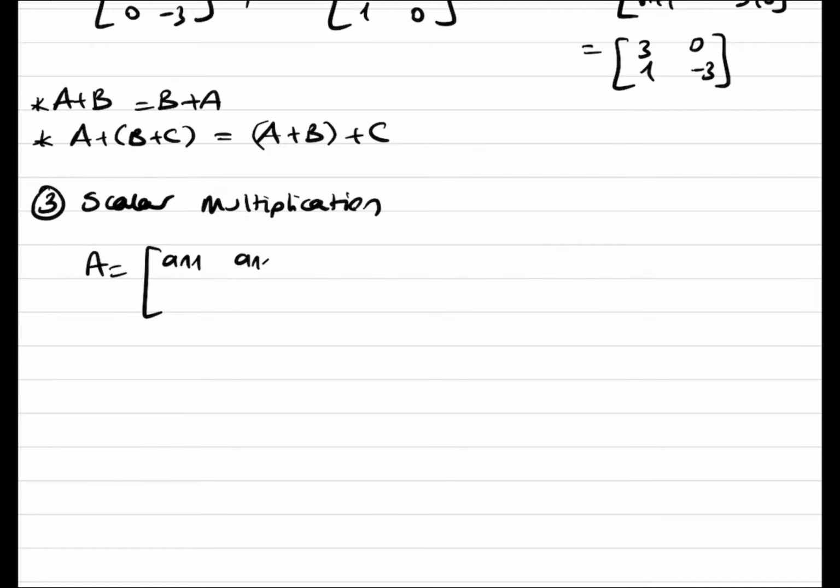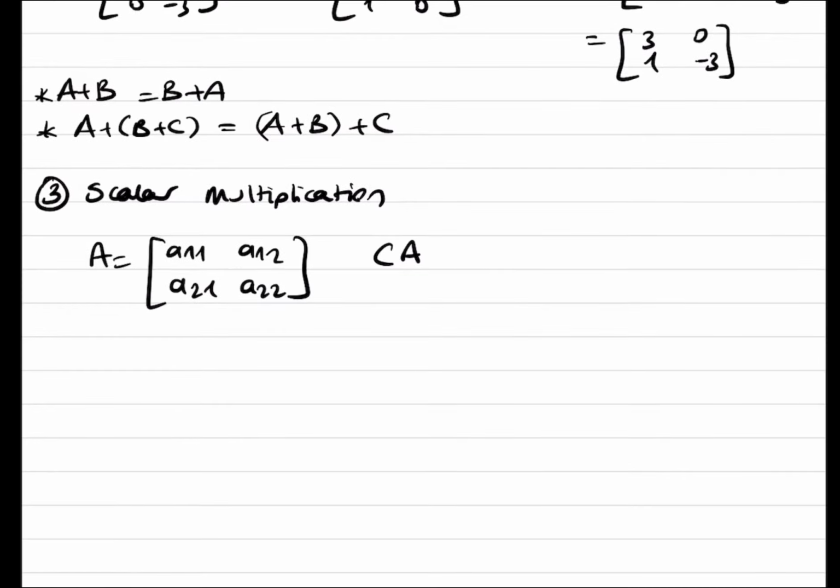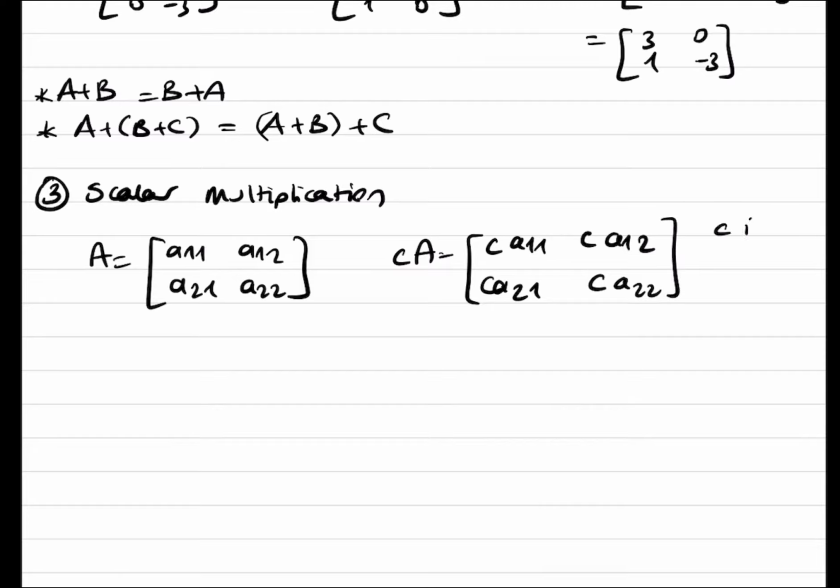So with a11, a12, a21, if you have 2A, or let's say C times A, then you multiply each entry by the constant C. So C is a constant.